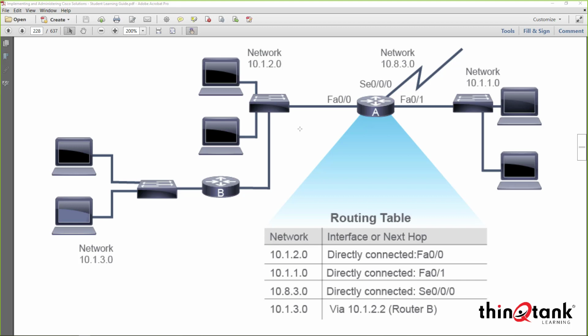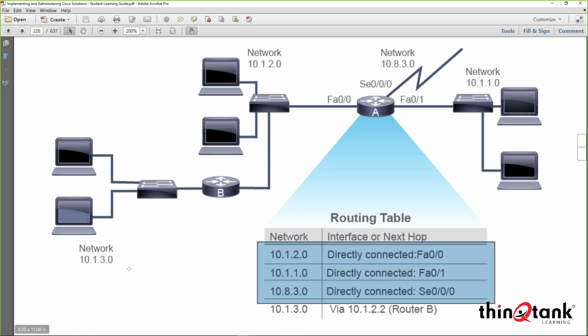So here's the routing table for A. Notice there are 3 interfaces attached to this router, so you would expect to see 3 directly connected routes. Make sense? Again, for those directly connected routes to actually show up, it's really simple. Configure the interface with an IP address and a mask, turn the interface on, make sure it's functional, and the directly connected routes show up. That's it.